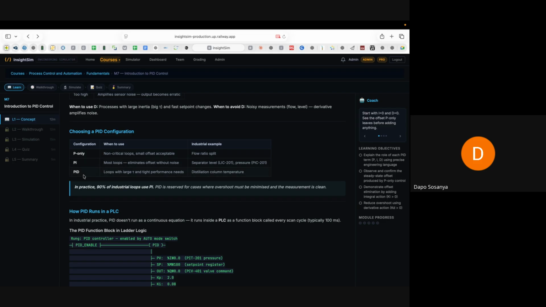The PID is popular with loops with large time constants and tight performance needs. So, distillation column temperature. So in breweries, for example, they implement this a lot, right?